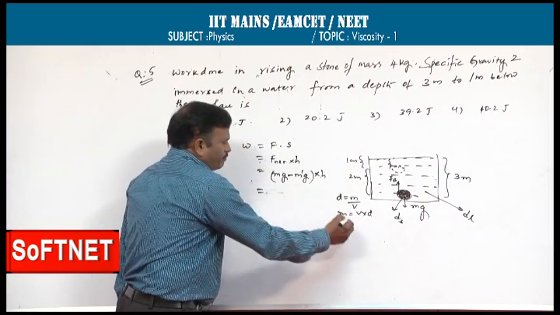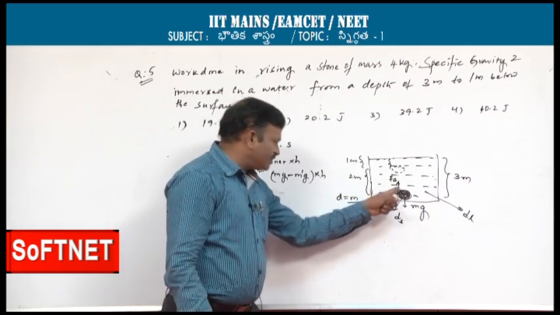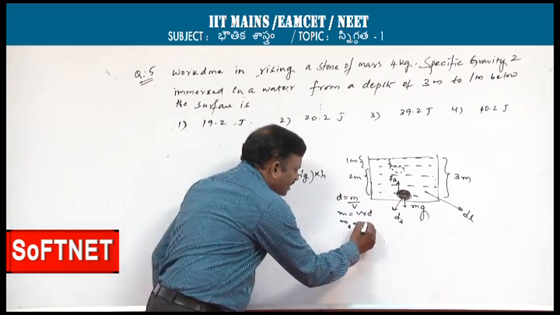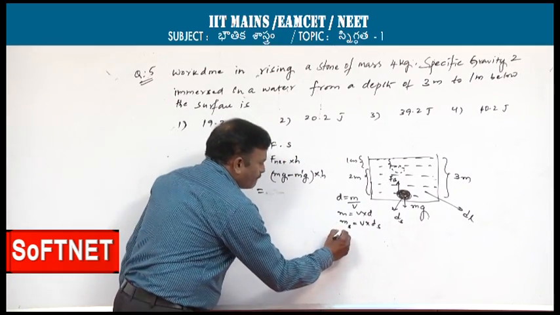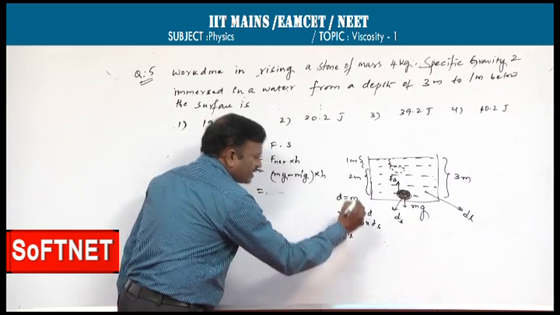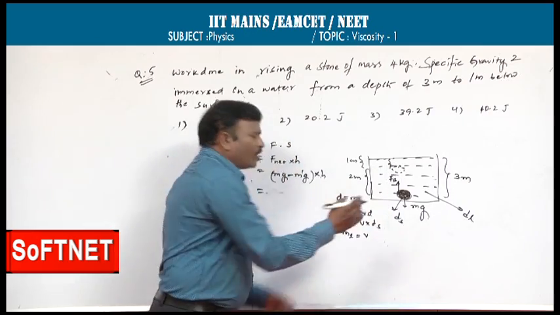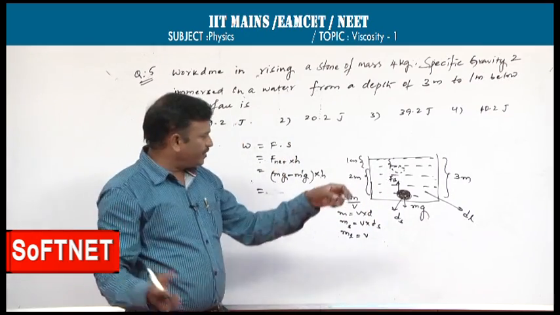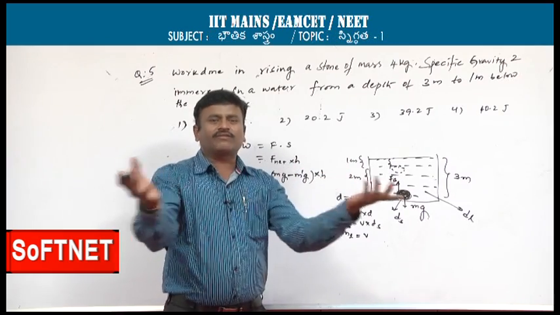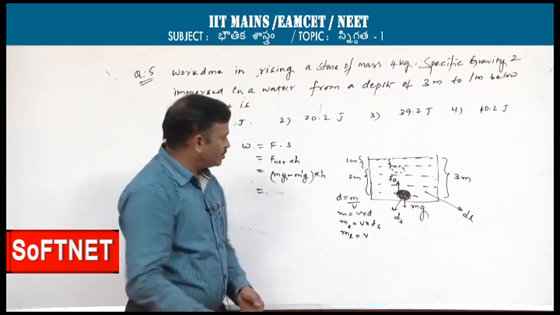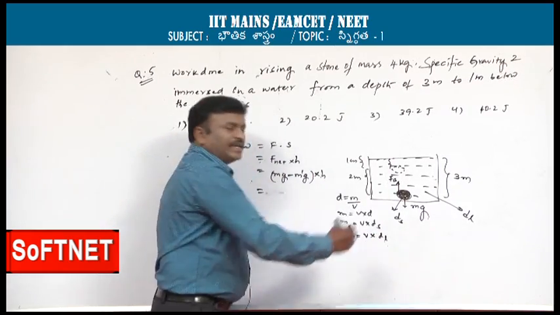Mass of the solid is equal to volume of the solid V into density of the solid ds. Similarly, mass of the expelled liquid ml equals V, since the same volume of liquid will be expelled. When the body is immersed, as much volume of liquid as the volume of the body will be expelled. So the volume is the same, and the density of the liquid is dl.